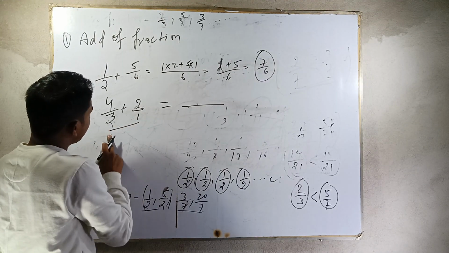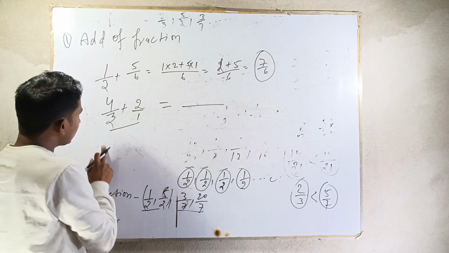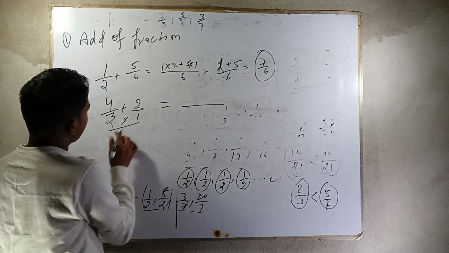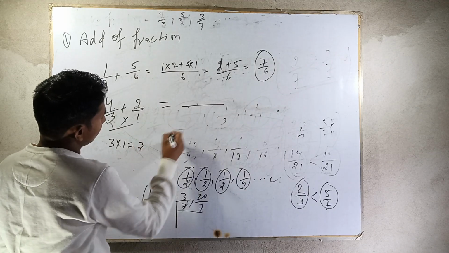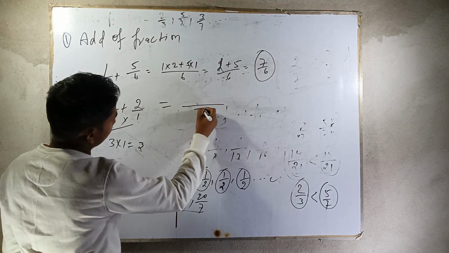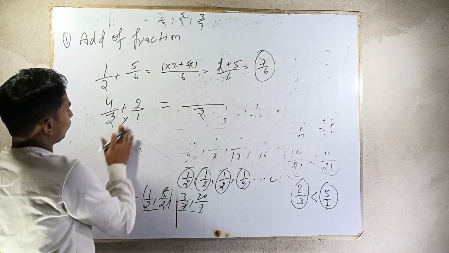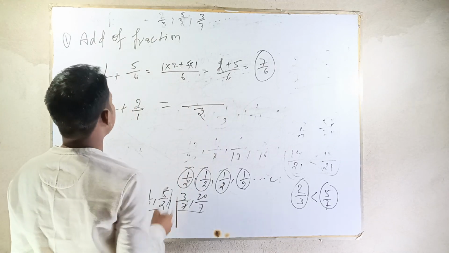If it cannot be found directly, we multiply both of them, 3 and 1, which is 3. Its LCM is 3.